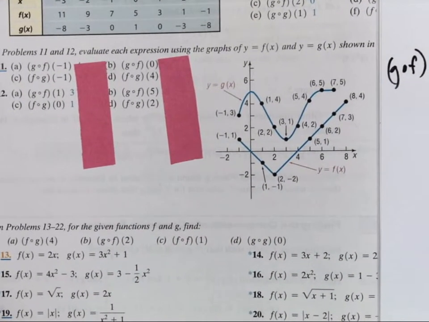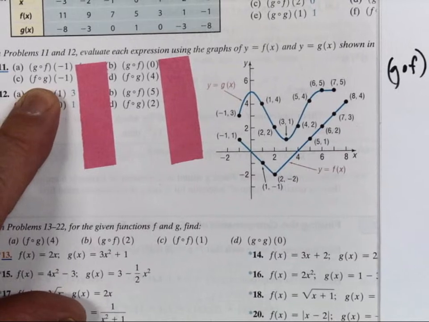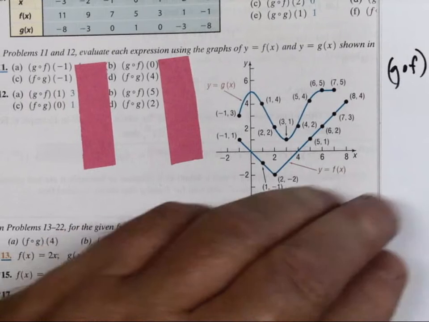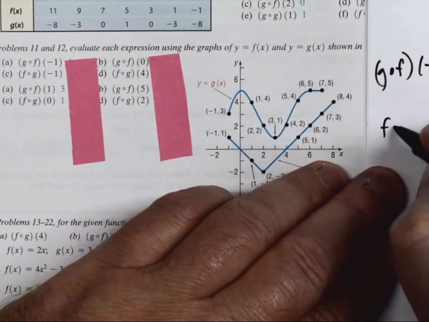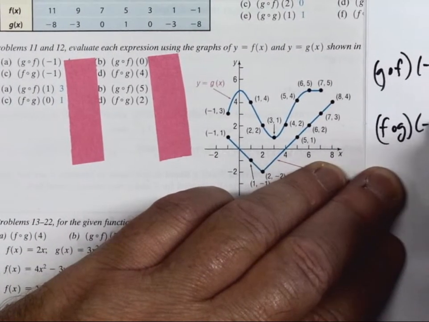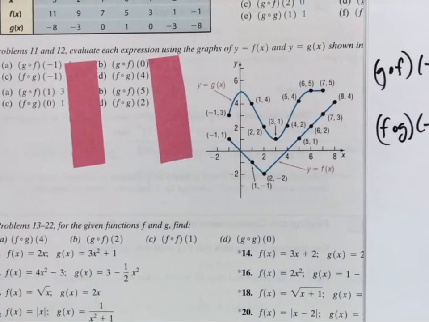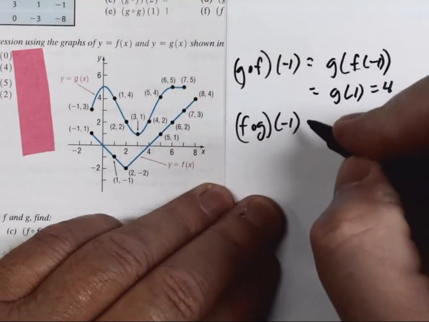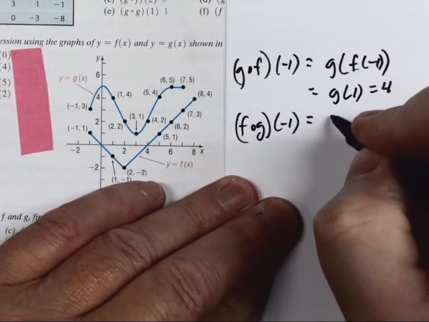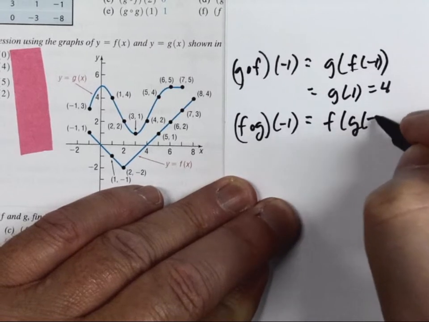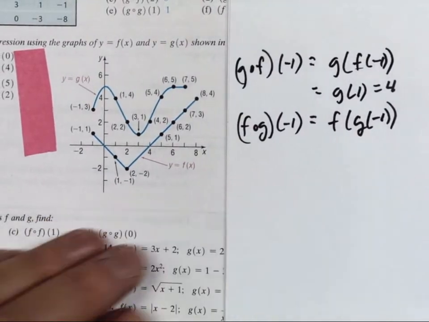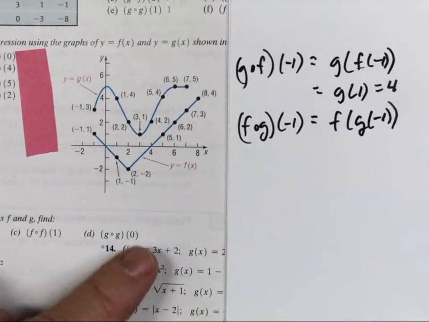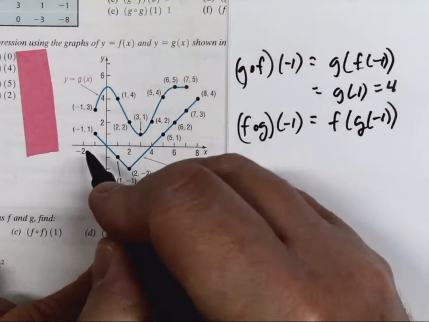Let's do a few more. This one says f composite g of -1. So here they switch the order. This is why you always rewrite the composite function, f of g of -1. So we go find out what g of -1 equals. So x is -1.